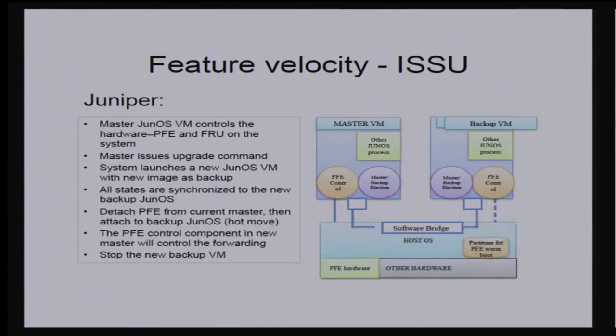We synchronize the control states. We synchronize the PFE or ASIC states over. Once that has all been synchronized, we do a hot handoff of the ASIC from the old master VM to the new master VM. We then destroy the previous primary routing engine, and you're done.